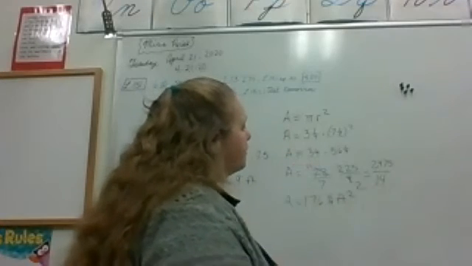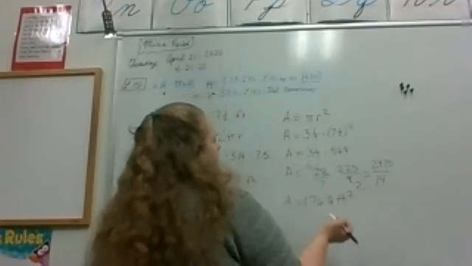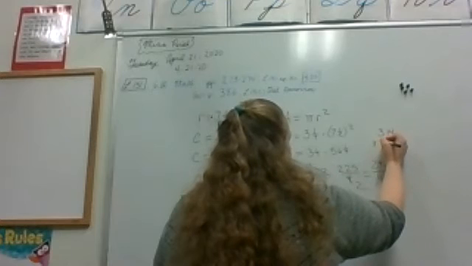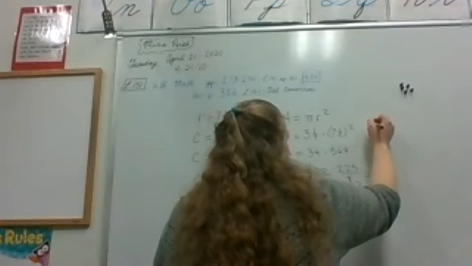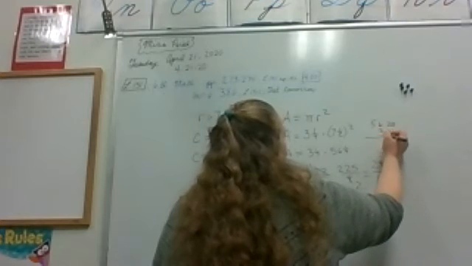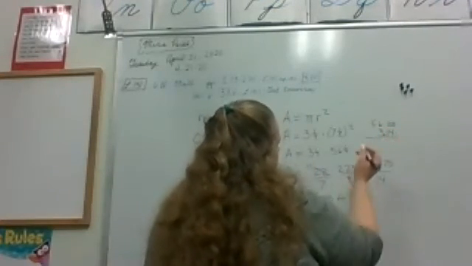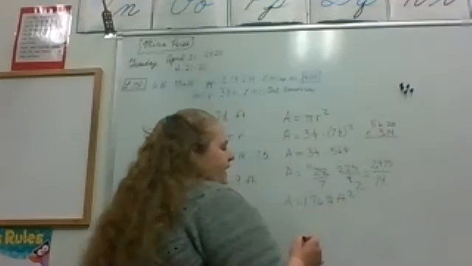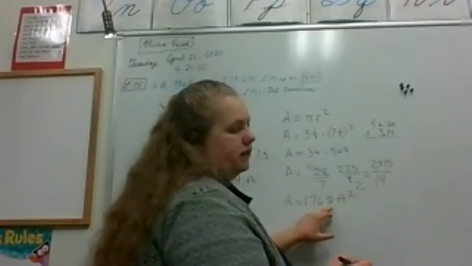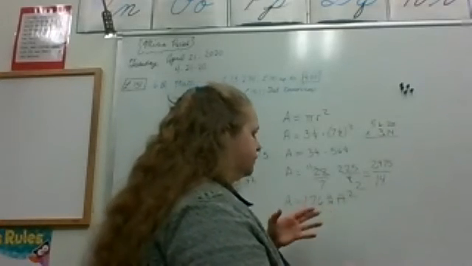This one probably we could have done 3.14 times 56.25. And we would have got a different answer, but it would have been right. It just would have given us this fraction in a decimal.